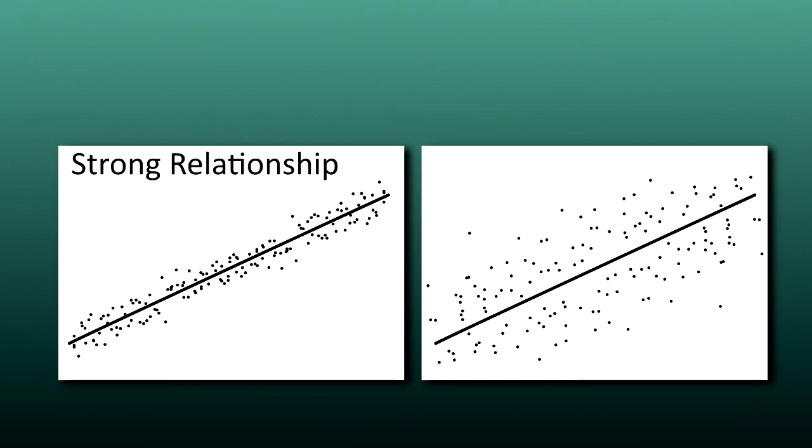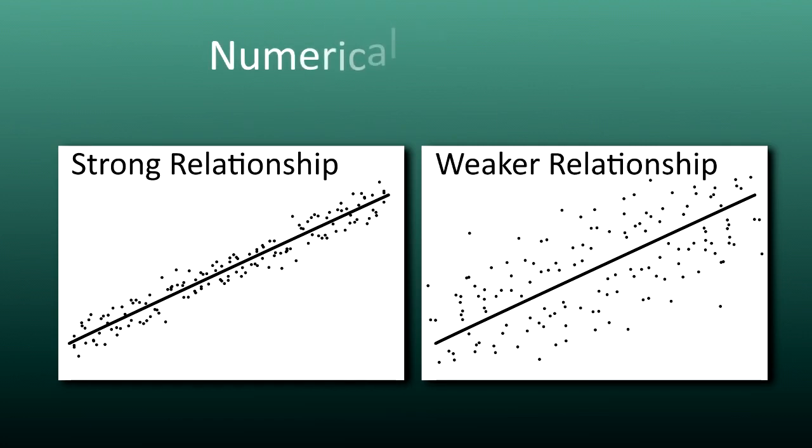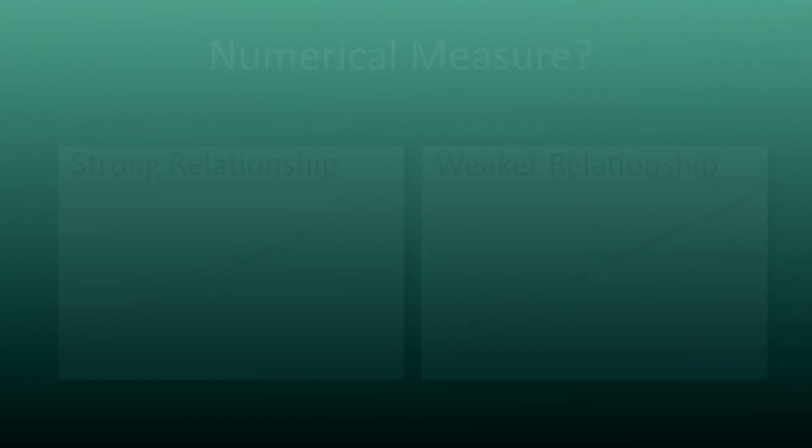This is an example of a strong relationship. Data points on the right scatterplot also follow the linear pattern, but much less closely. Therefore, we can say that the relationship is weaker in general, though assessing the strength of a relationship just by looking at the scatterplot is quite problematic. We need a numerical measure to help us with that.